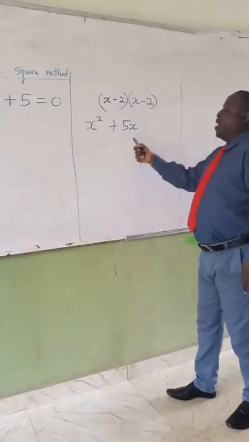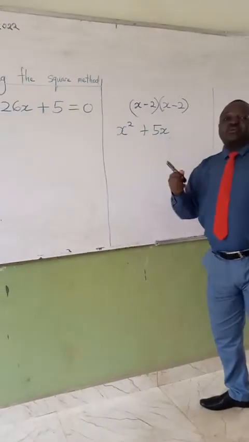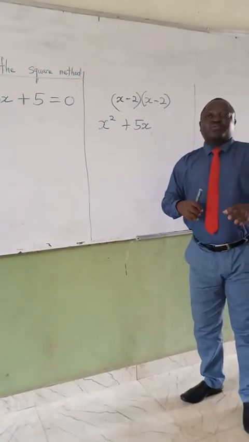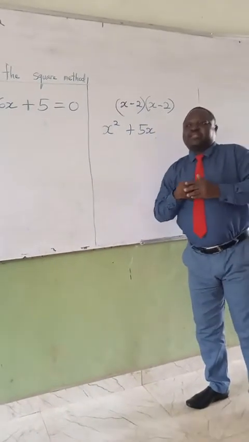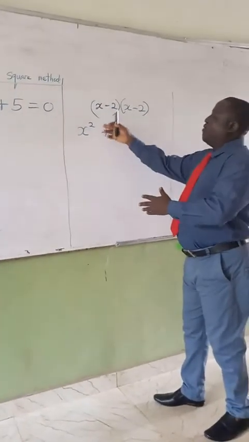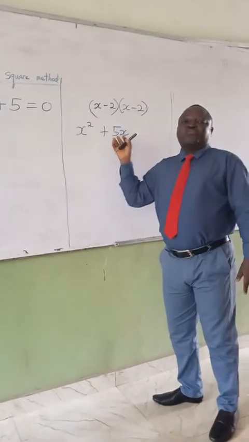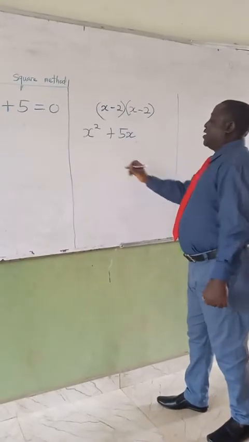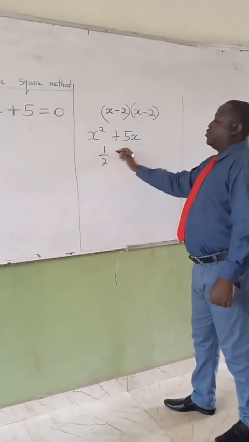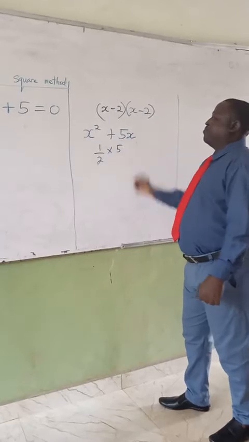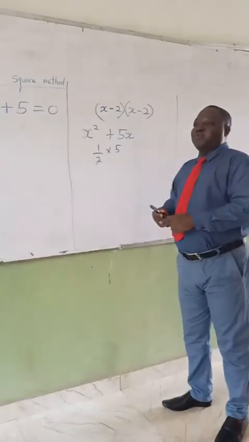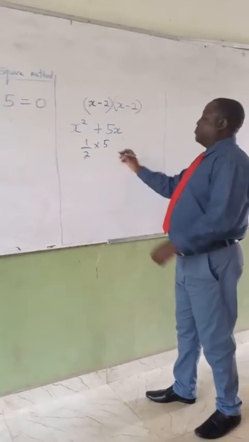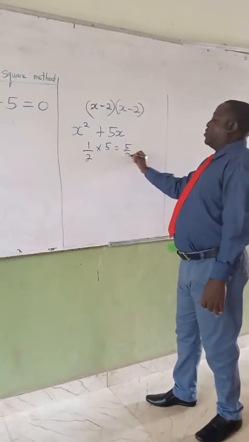So what do I need to add to it so as to make a perfect square? The simplest method is to find half of the coefficient of x. What is half of the coefficient of x? The coefficient of x is 5, so half of it is 1 over 2 times 5, and that is 5 over 2.